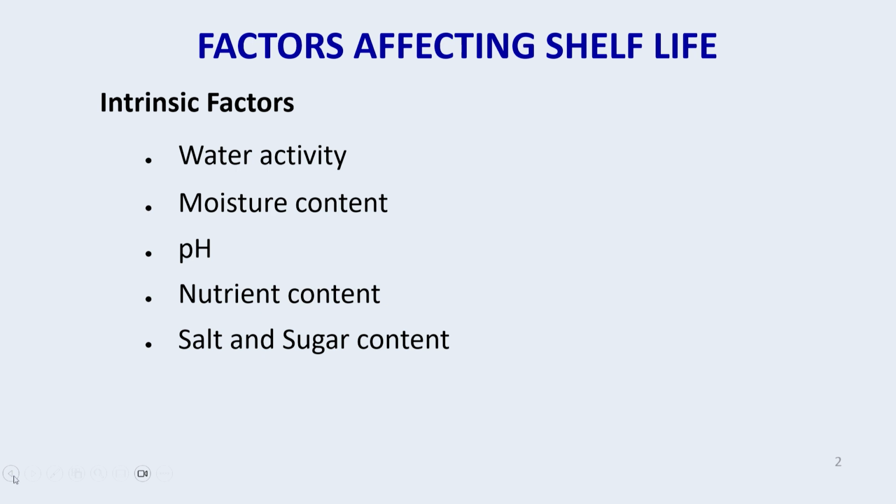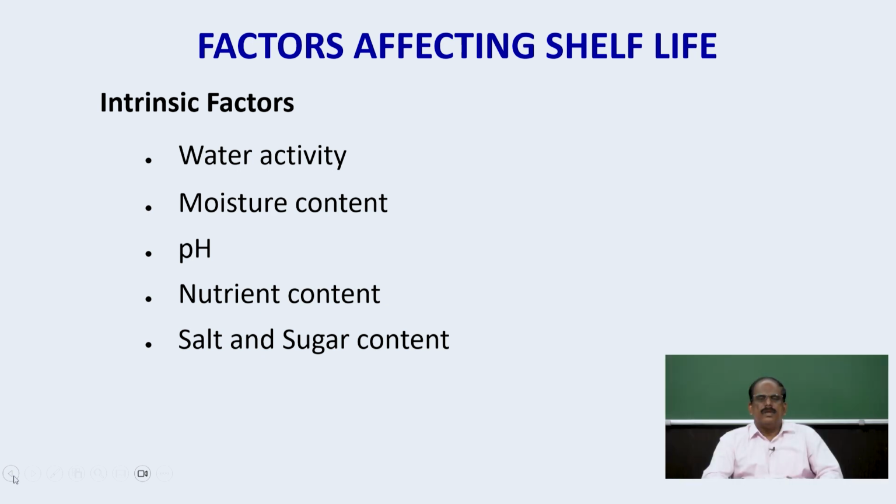Moisture content is the amount of water present in the food, expressed as a weight percentage. The moisture content can affect the texture, the appearance, even the shape and color of the food product.